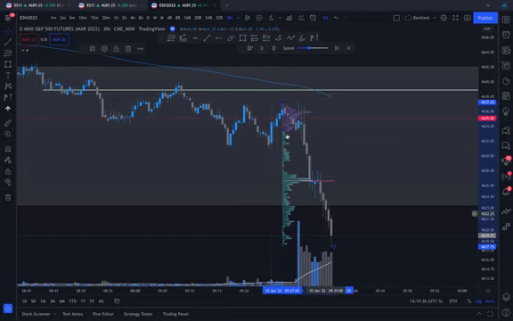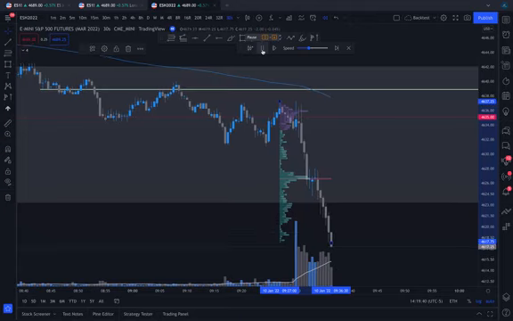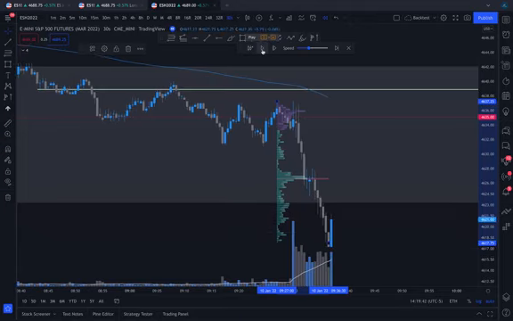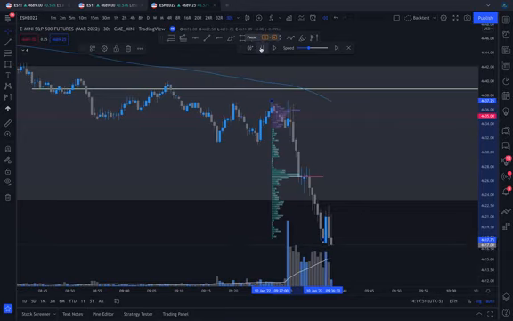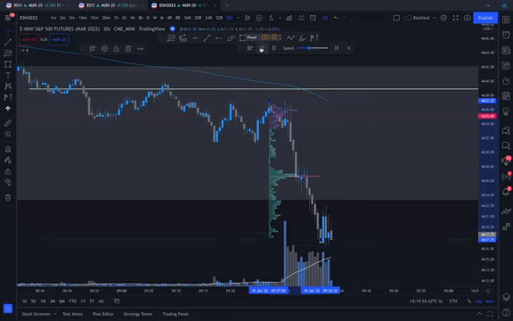And so if we come up and test this, that could be a decent area for a short entry. Let's watch this again, a little more zoomed in. You can see how it came up and tested this little volume pocket here, and then continued down. So that could be a quick scalp, leaning against that volume.